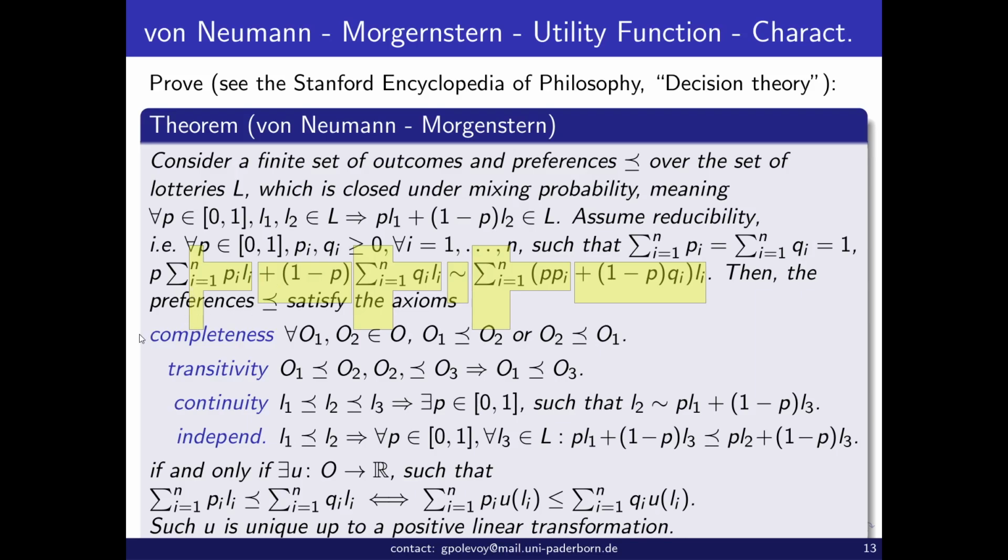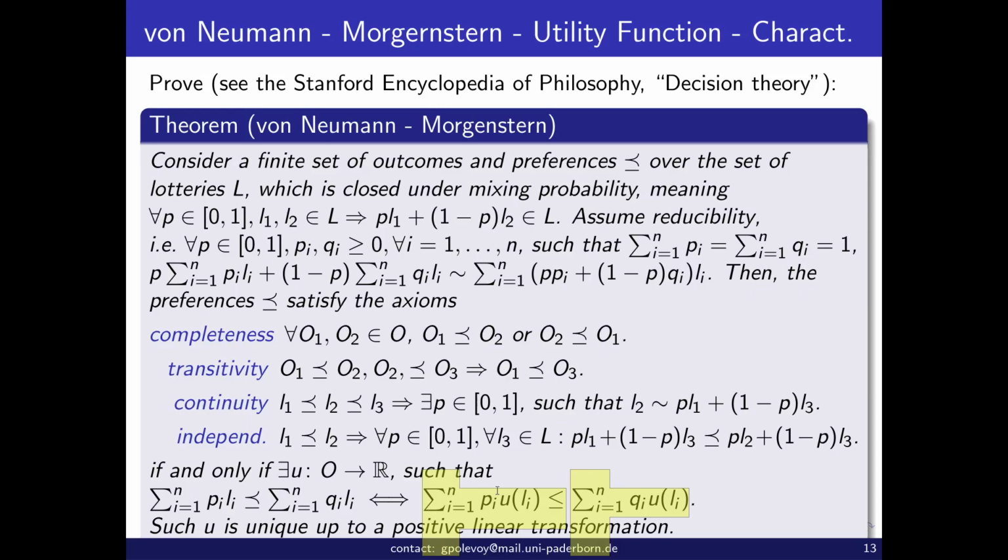Now they're going to have yet another set of axioms which are natural. The preferences satisfy these if and only if there is a utility function from the outcomes to the real numbers, such that one lottery is preferred to another lottery if and only if the utility combination of that one is at least as large as the utility combination of the other one.